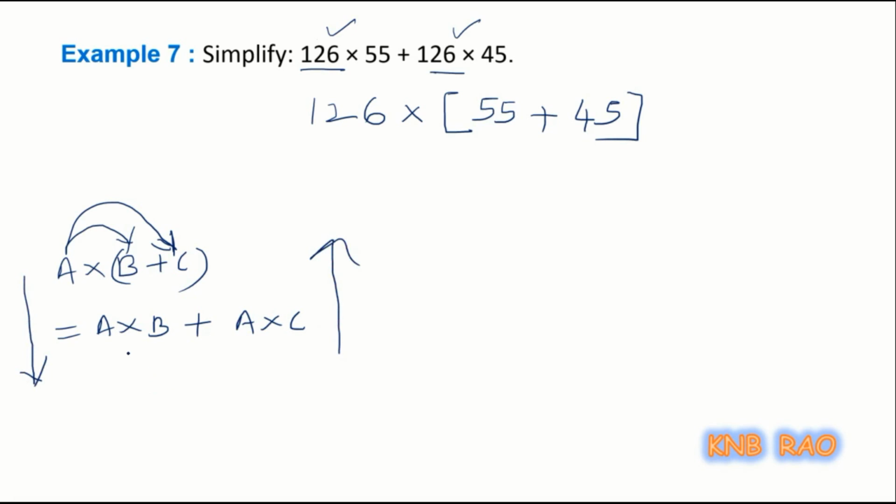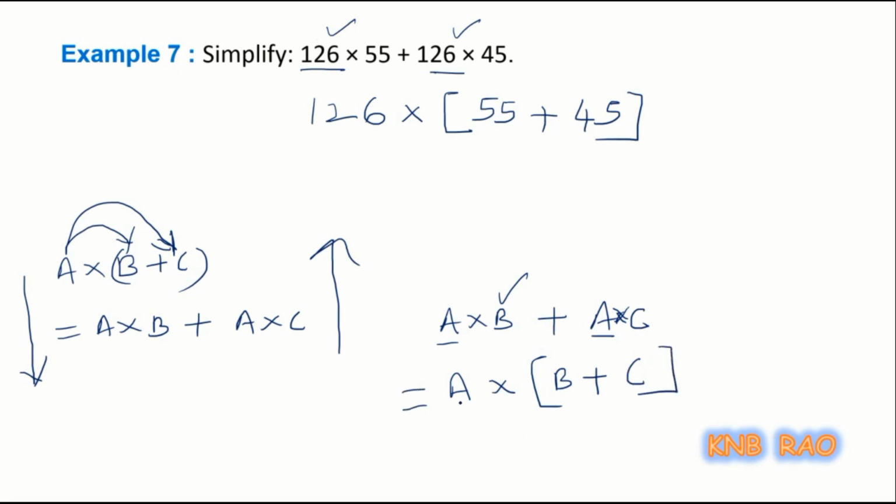I have got here 126 into 55 plus 126 into 45 given. That means A into B plus A into C is given, whereas being A same, I will take out that A common. If that A comes out common, in this B is left over plus here in this C is left over within bracket we are writing. So reverse of this we did.